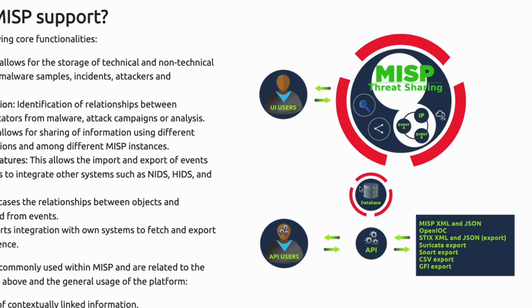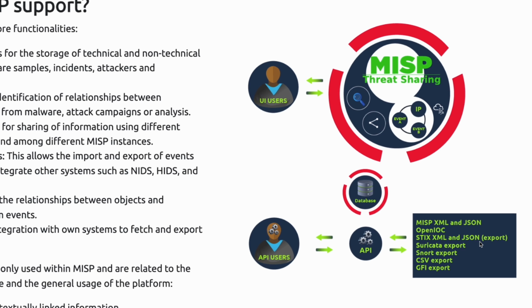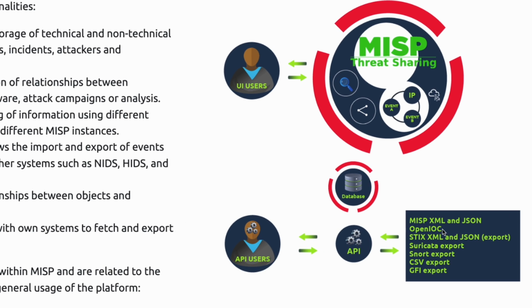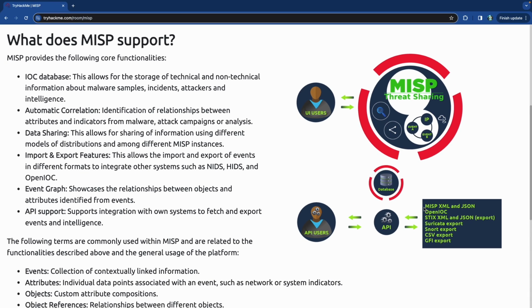Then there's the database that's also attached to it, and API users use the API to interact with it even further. You could connect your Snort, for example, right here, Snort export. You could export data from here into Snort, or export from Snort into MISP, or Suricata, or any of these things right here. So it's very useful, as it seems.